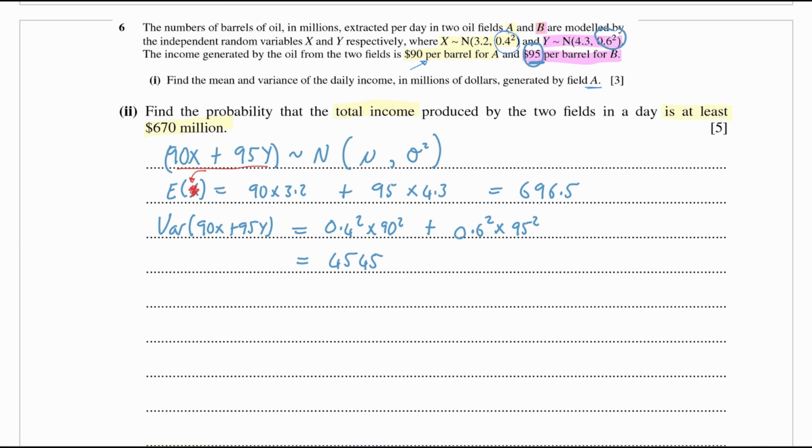So now we're ready to do our probability, now that we've got these two values. So this here is this here, and this here is this here. Okay, so the probability that 90x plus 95y is at least greater than 670 million.